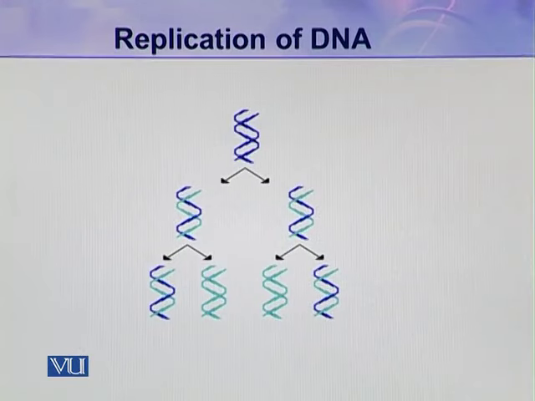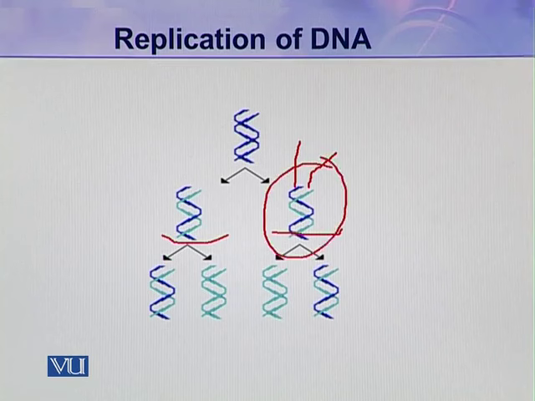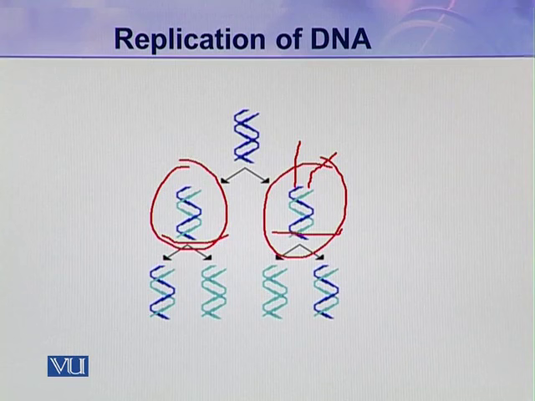So in this diagram, you can see when a DNA replicates, it makes two new DNA, and in the new DNA duplex, one strand, as you can see, this blue one, is the parental strand, and the other, which is light green in color, is the new one. So in each duplex, the DNA is composed of one parental strand and one new strand.